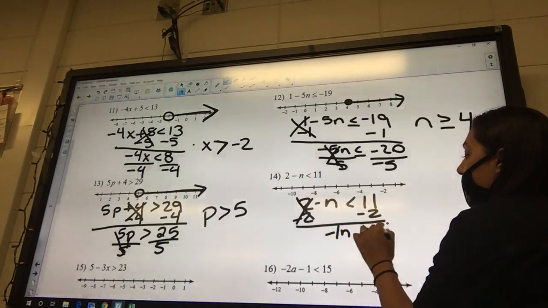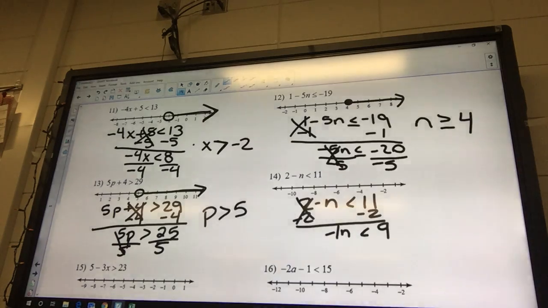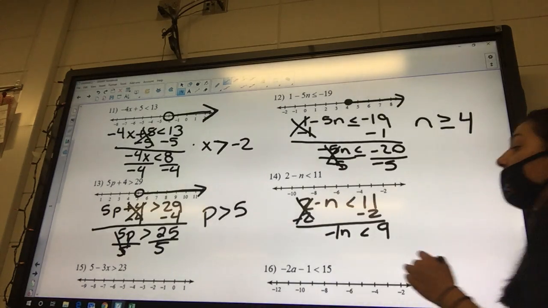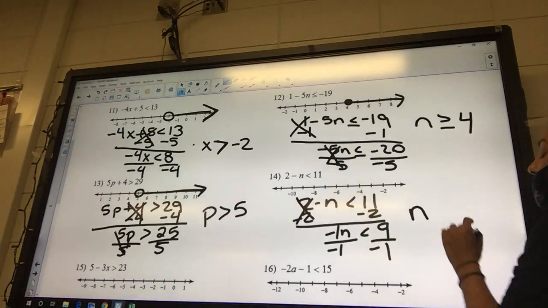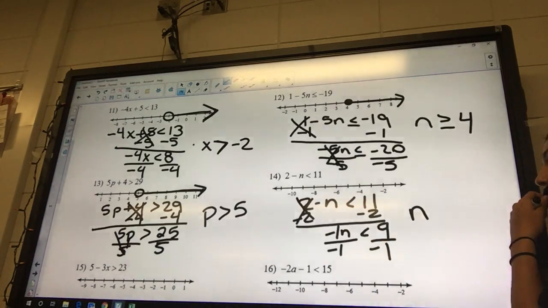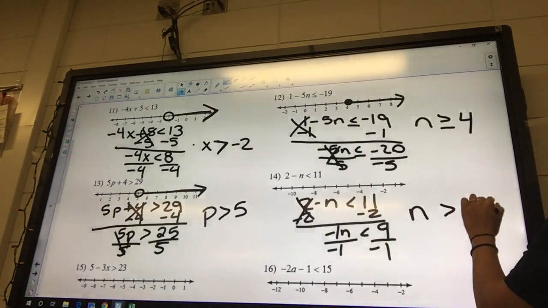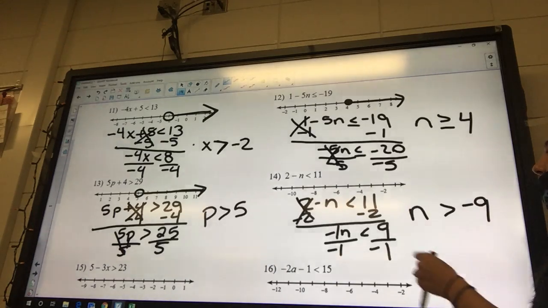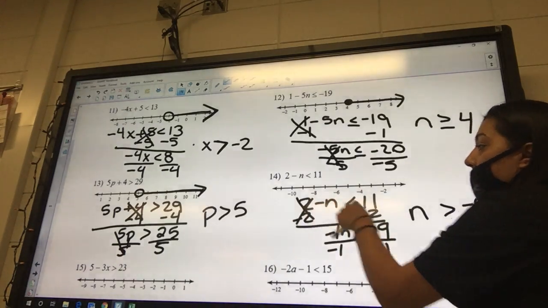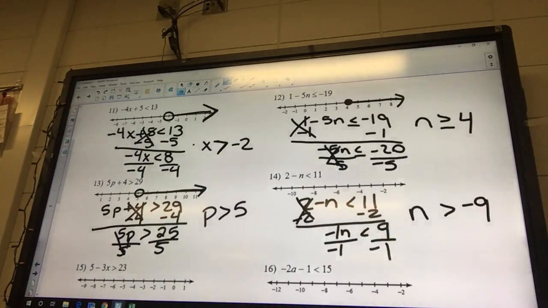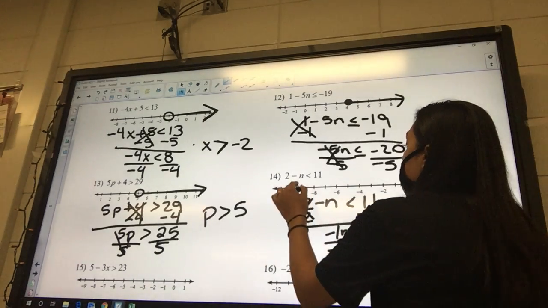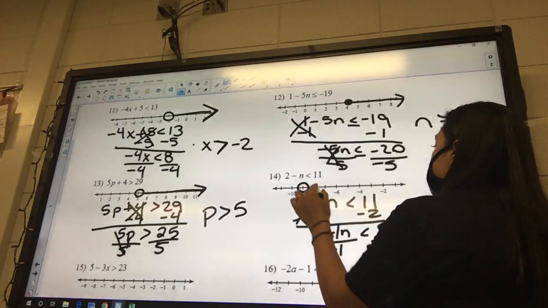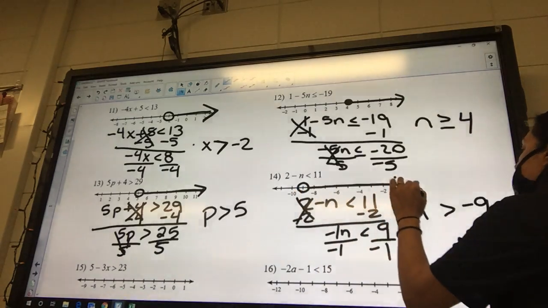It doesn't work like that. So what's my last step going to be? Divide by -1. So it should be n, and do we need to flip? So it's going to be -9. Make sure if it's minus a variable, you keep that minus in front of the variable. If there's no minus in front of the variable, then you don't have to. So it's going to be open dot pointed towards the right.